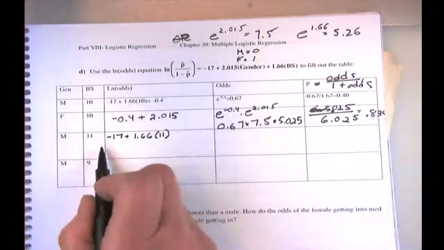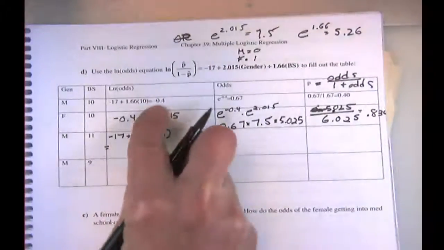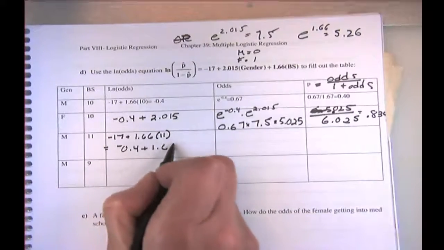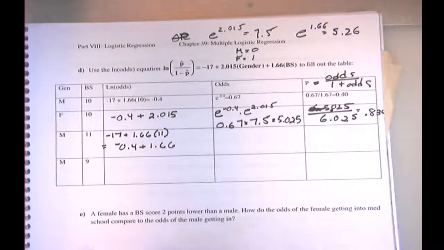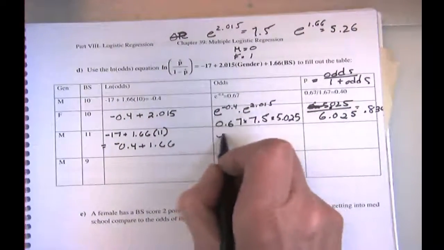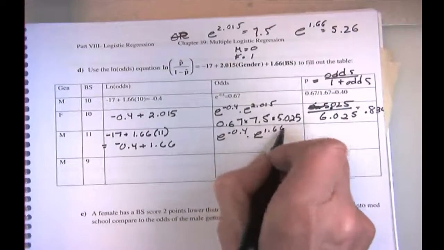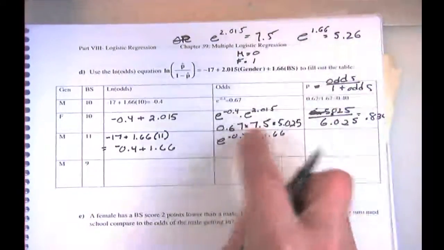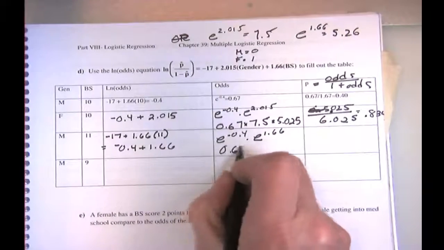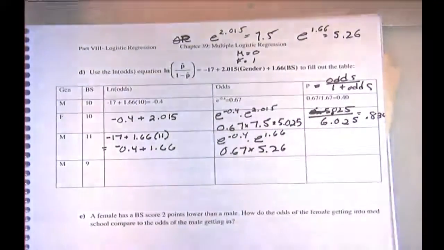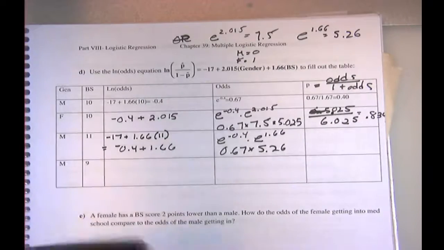That's equal to negative 0.4, and all I'm doing is adding 1.66, right? So when I exponentiate it, I get e to the negative 0.4 times e to the 1.66, or 0.67 times 5.26, whatever that is.